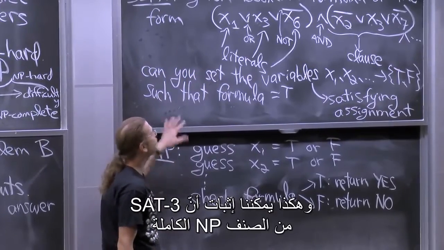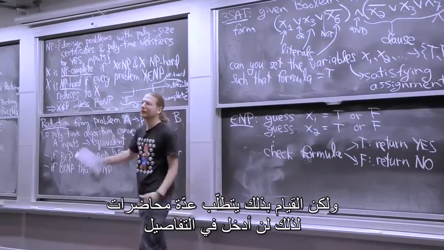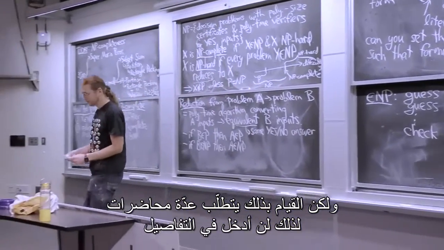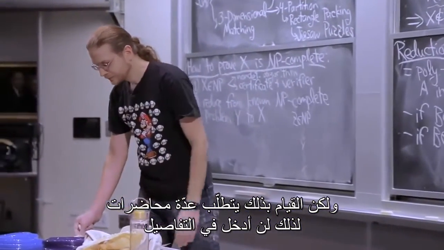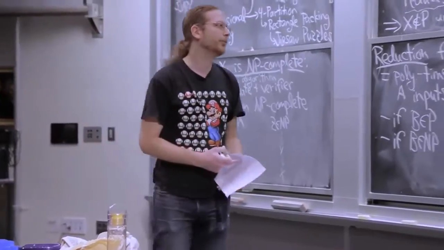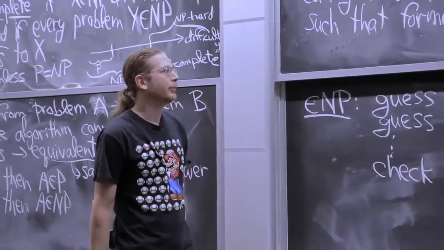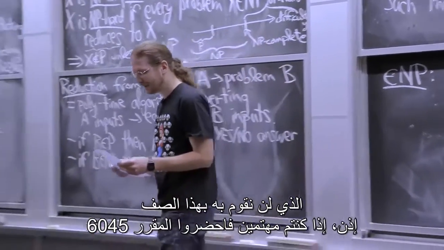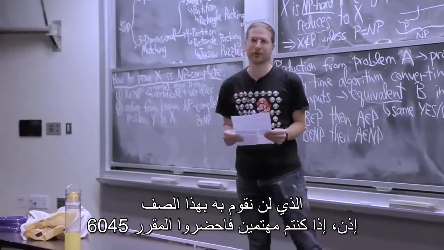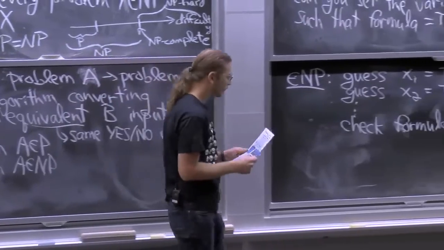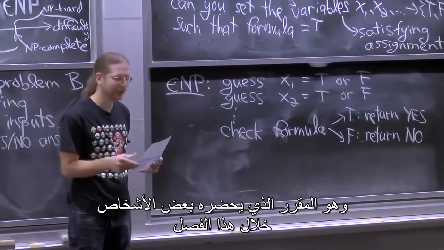And that's how you prove 3-SAT is NP-complete. But to do that can take many lectures, so I'm not going to do the details. The main annoying part is being formal about what exactly an algorithm is, which we don't do in this class. So if you're interested, take 6.045, which some people are actually in the overlap this semester.